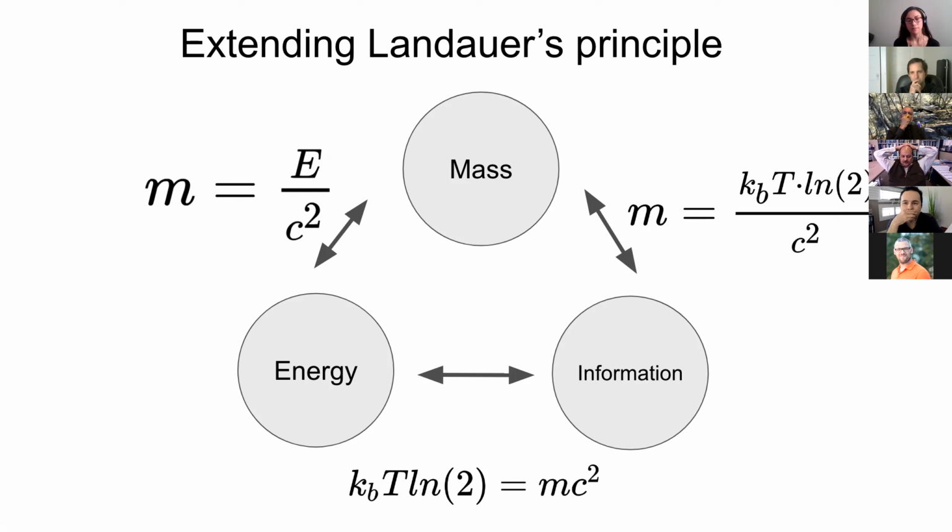The bigger question is, if they were equivalent, then you should be able to use information alone to convert it into energy, right? If you could establish that, then the rest of it follows, because energy is linked to mass, and then you would have that connection. So E equals mc squared is essentially trivial. It's the bottom equation that's crucial.